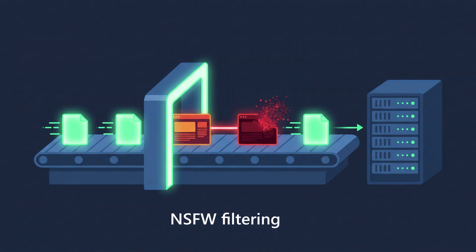Now a little bit about not suitable for work, or NSFW filtering. A search engine needs rigorous hygiene to maintain search quality. To keep the index clean from the start, I implemented a fast, memory-efficient filter that executes immediately after the HTML extraction phase.